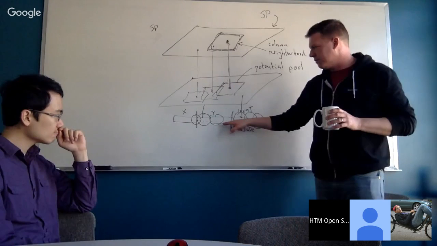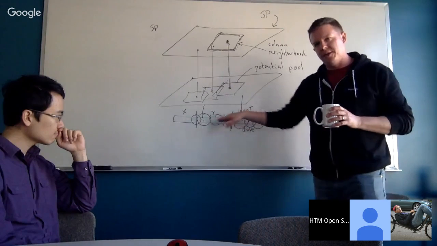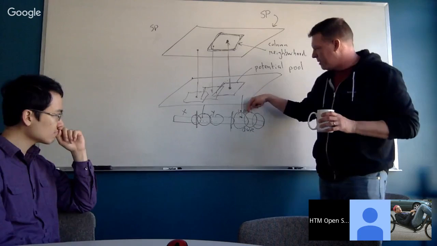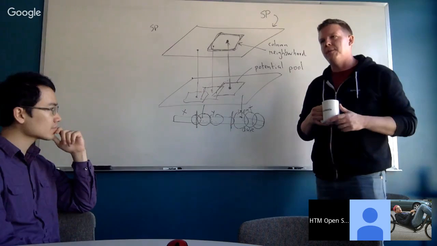So you're saying, why is it desirable to have this property I was just explaining, to have a column not just represent one portion of the spatial input? What does it do in terms of the spatial pooler's ability to distinguish inputs for one thing, and help with noise, right?